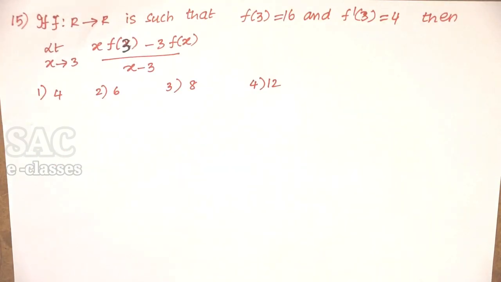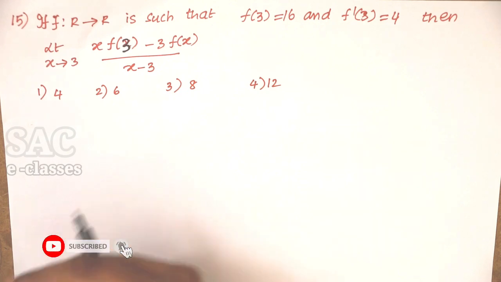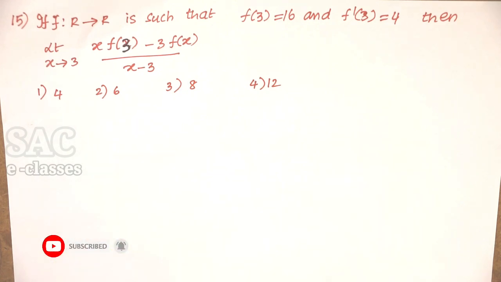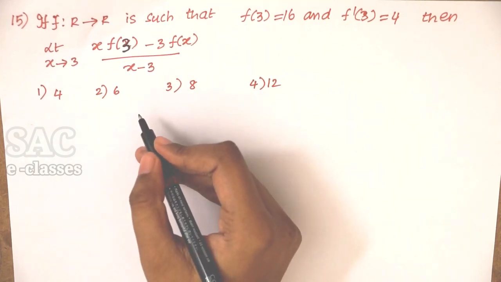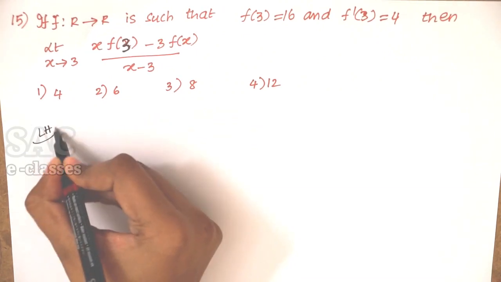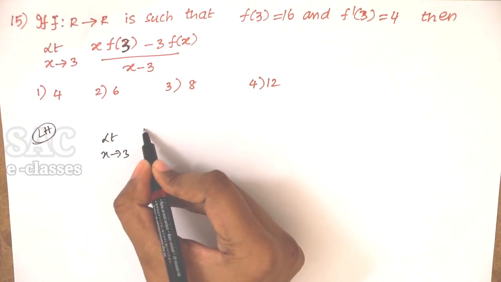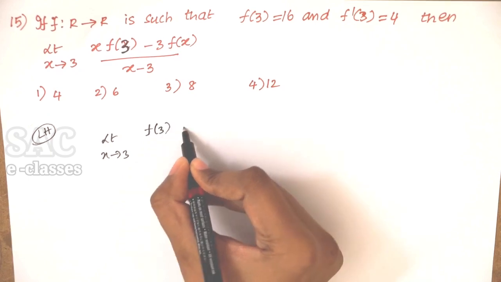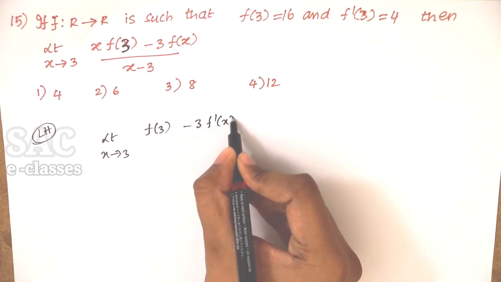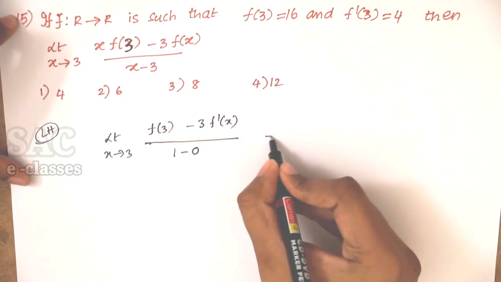Now look at the next problem. If f maps from R to R such that f of 3 is equal to 16 and f dash of 3 is equal to 4, then limit x tends to 3 of x into f of 3 minus 3 into f of x by x minus 3. Go for L'Hospital. So limit x tends to 3, differentiation of x is 1, then f of 3 minus 3 into f dash of x by, and the differentiation of x is 1 and differentiation of 3 is 0.